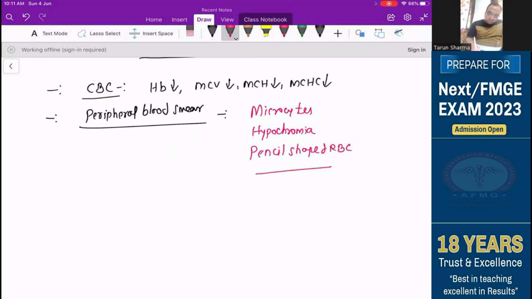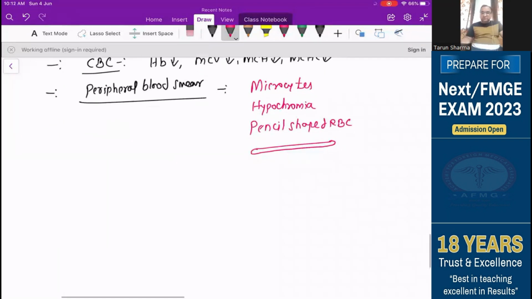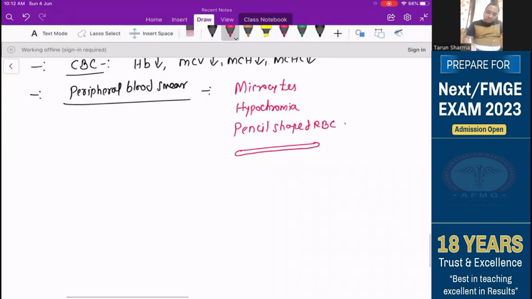You are going to see these kind of RBCs, like these, long, elongated, flattened RBCs that are called pencil shaped RBCs, or they are also called leptocytes. So pencil shaped RBCs are seen in which anemia? In iron deficiency anemia. Microcytes and hypochromia will be seen in every kind of microcytic hypochromic anemia, but pencil shaped cells are specifically seen in iron deficiency anemia.